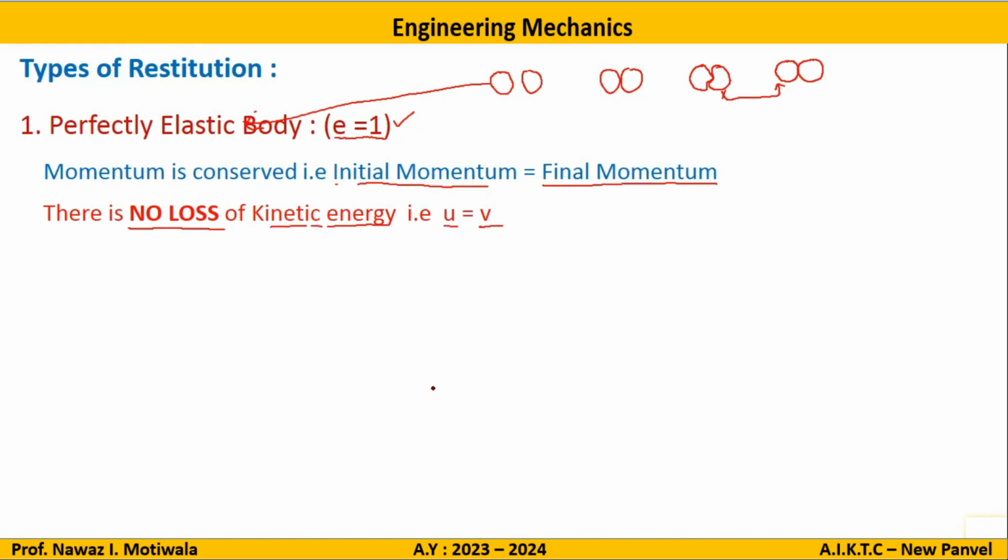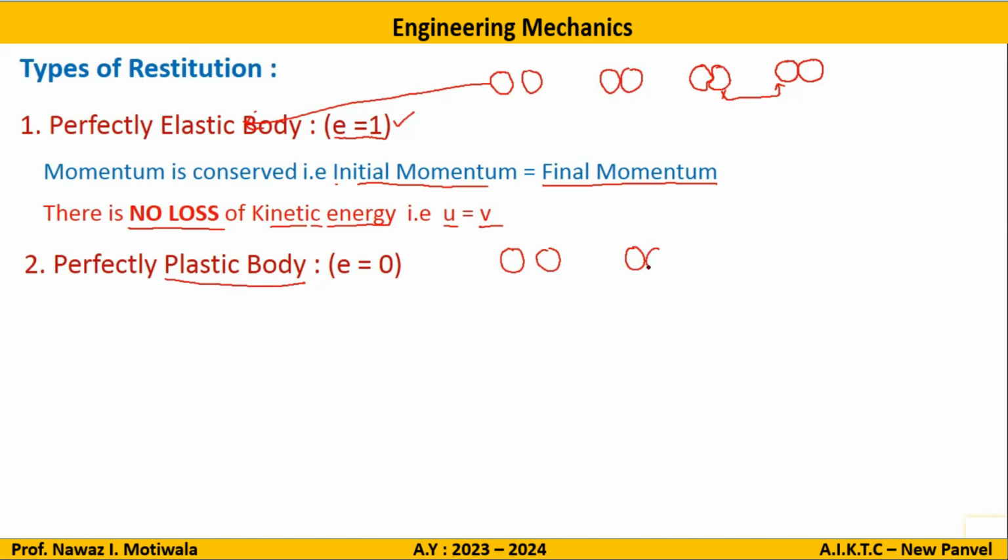Now let us go to the second type of restitution, the perfectly plastic body. Again, consider two particles moving towards each other and colliding. When they collide, there will be some deformation in the bodies.